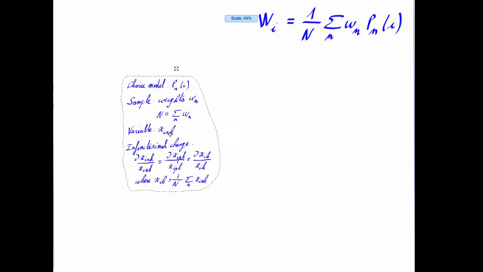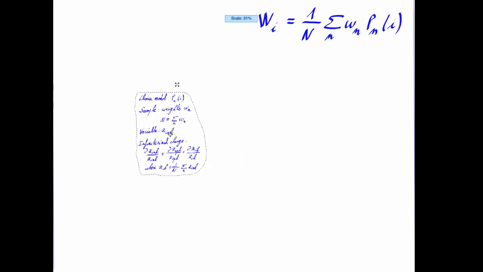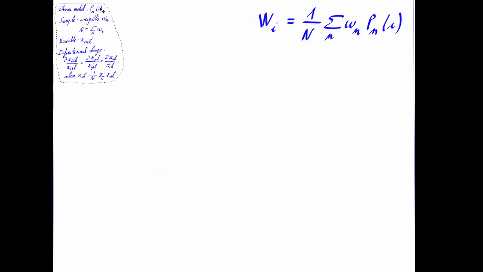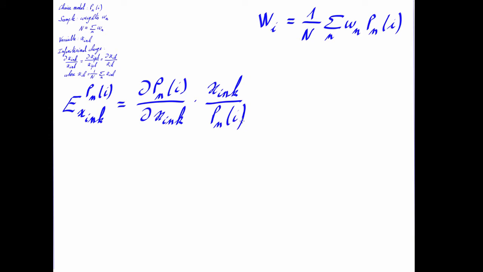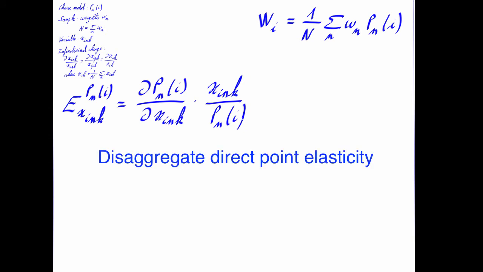Now we can calculate the elasticity of the model with respect to the variable x_ink. At the disaggregate level, it's denoted by E of P_ni with respect to x_ink, and it's defined as the partial derivative of the model with respect to the considered variable, times the variable, divided by the model. This is called the disaggregate direct point elasticity of the choice model.